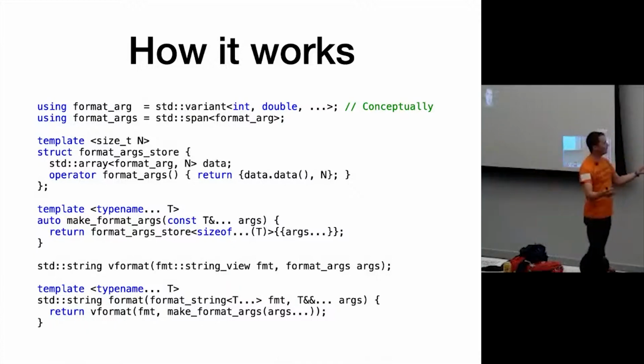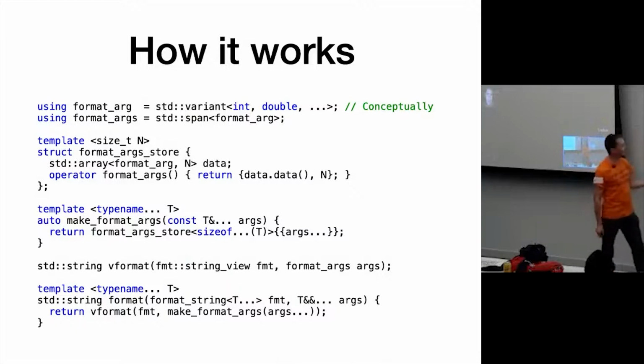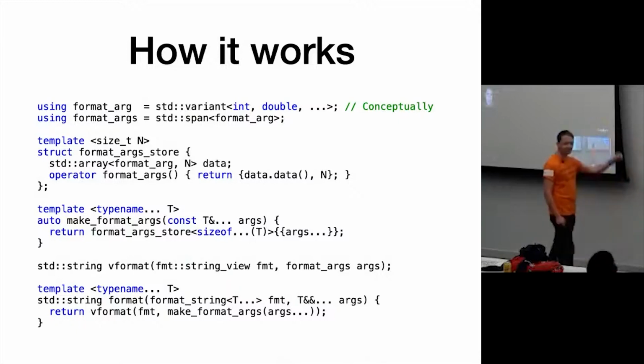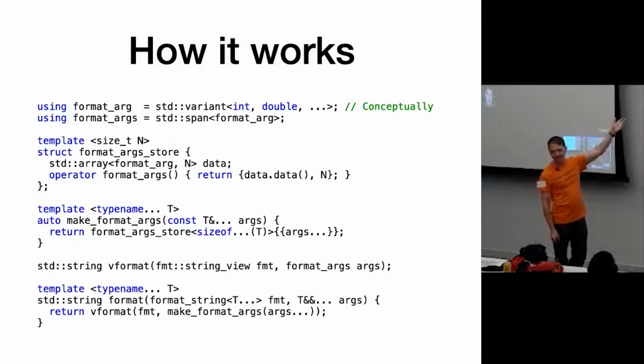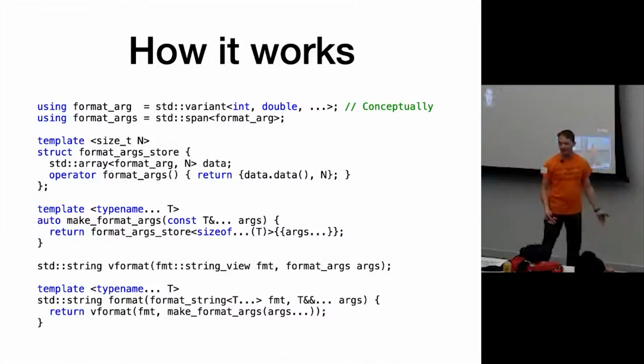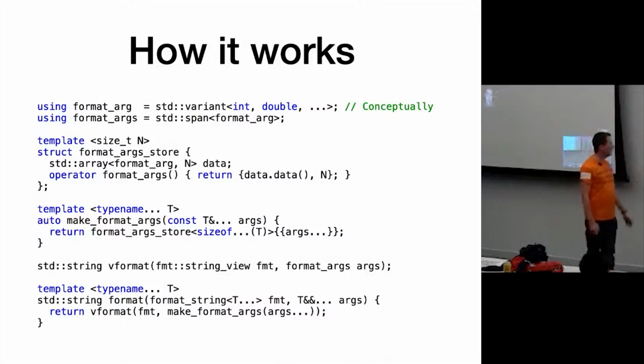So the store owns the data, and args is a view into this store. make_format_args creates this store. That's it. So basically, in one slide, we implemented type erasure, except for a few details. It's not the actual std::variant, it's like a variant that is more efficiently represented. Format args are not actually a span, it's something different, but conceptually it is how it works.